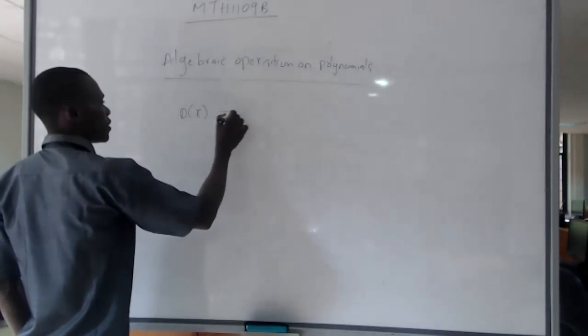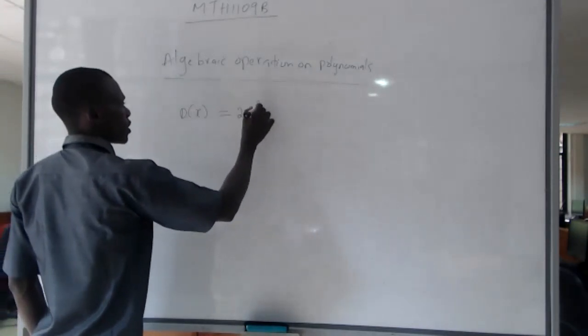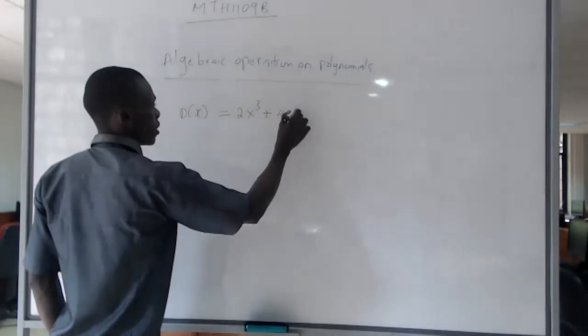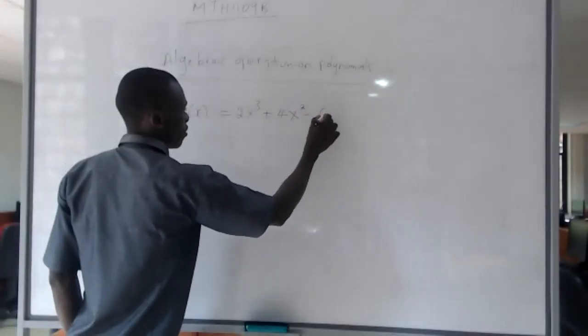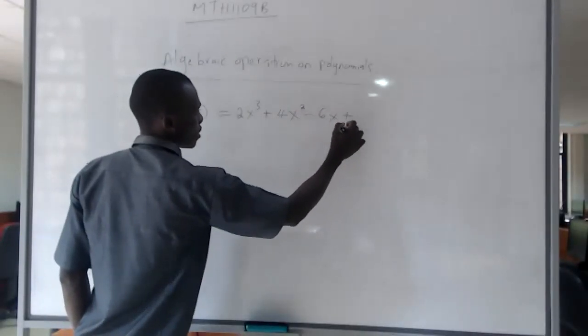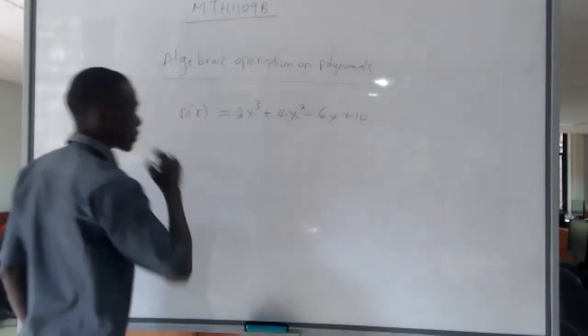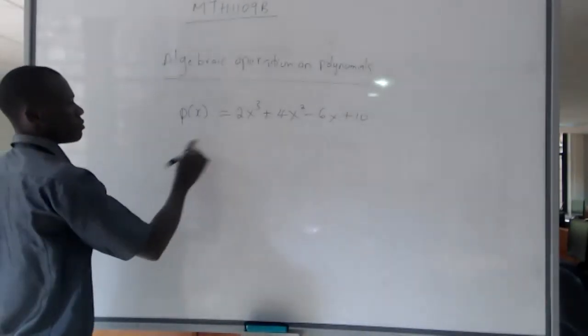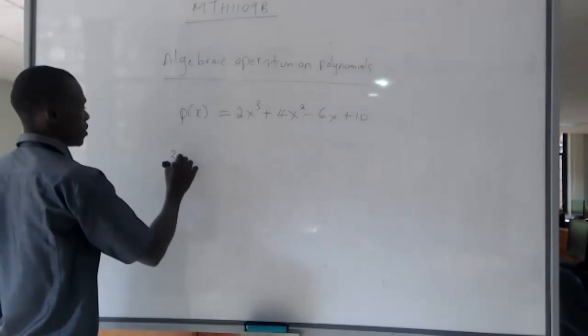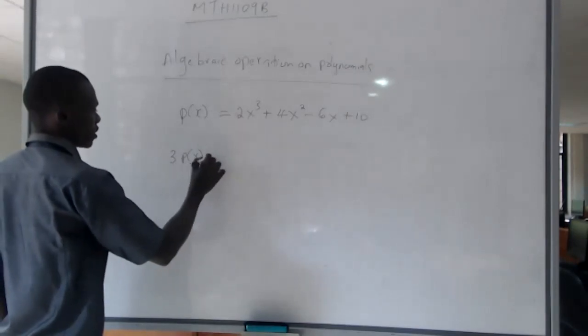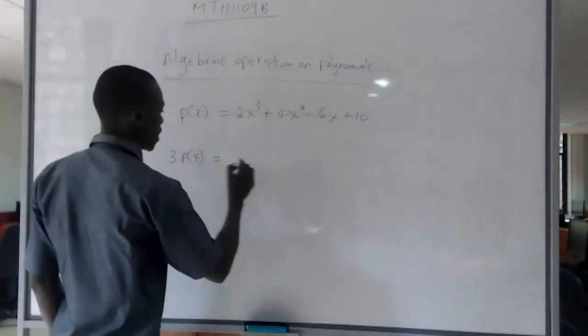Take the polynomial 2x cubed plus 4x squared minus 6x plus 10. Then simply compute 3p(x). Just multiply everything by 3.